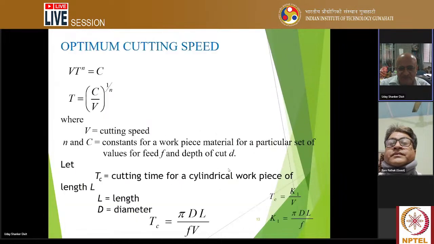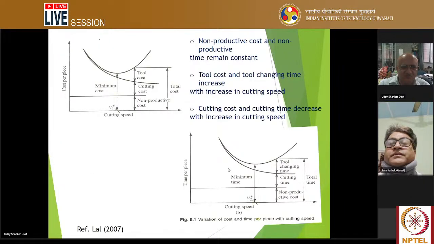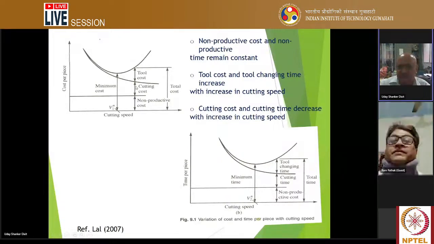Lots of thousands of people have worked on it. Then there is cutting cost and tool cost, so these are the three components. Tool cost and tool changing time increase with increase in cutting speed, while cutting cost and cutting time decrease. So there are two opposing effects.